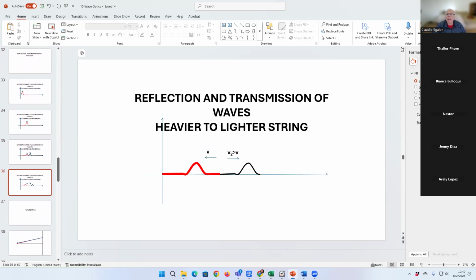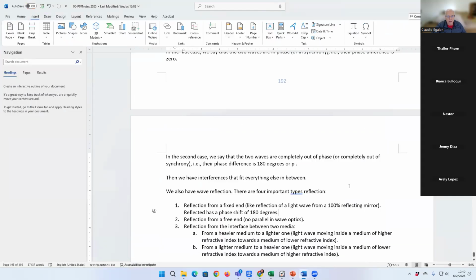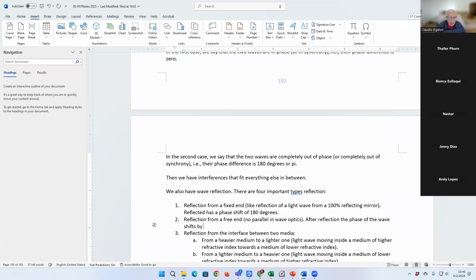So now we can write it down. Four important types of reflection. Reflection from a free end: after reflection, the phase of the wave shifts by 0 degrees.